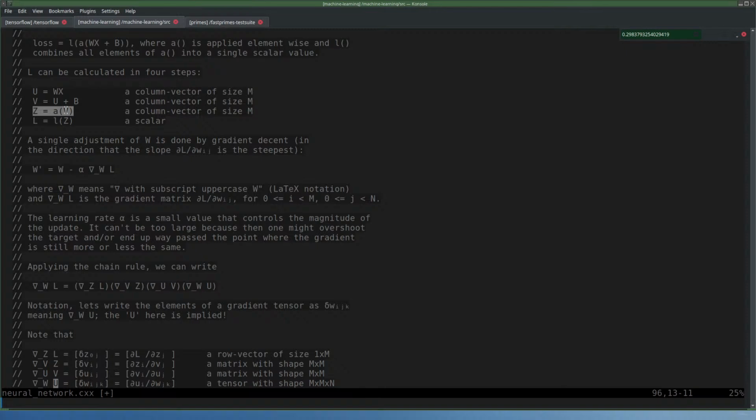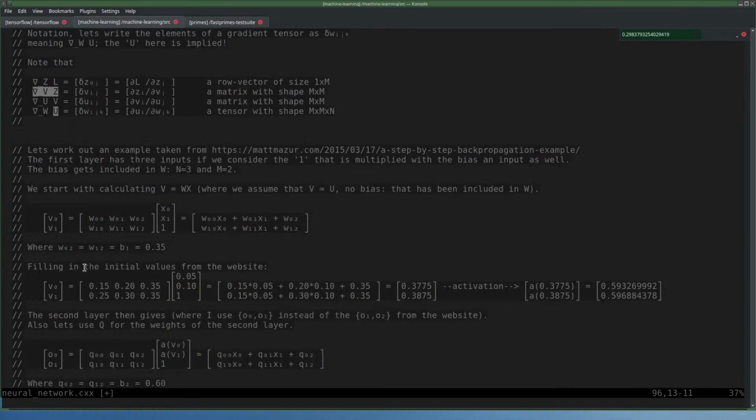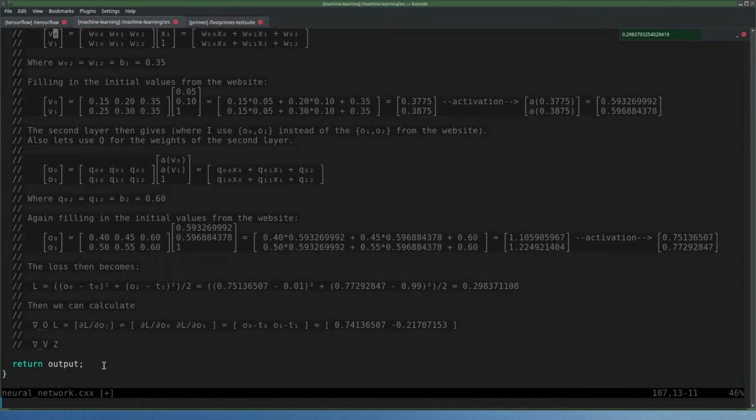And we skip U, so we get just O is AV. This one. And then for the gradient, that would be the one next to L. So that would be indeed this one. O is AV becomes here nabla VO.